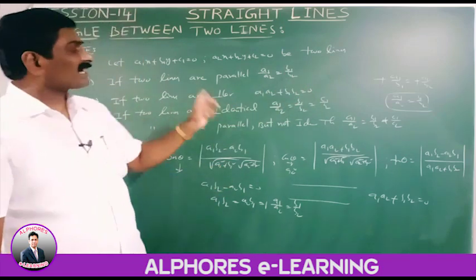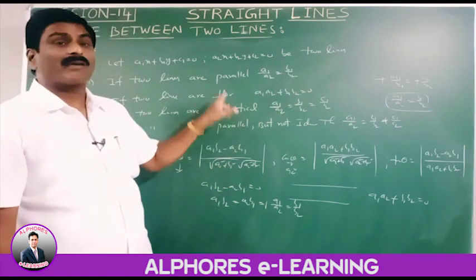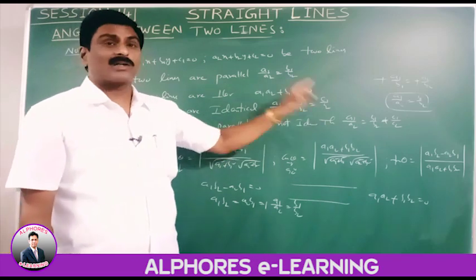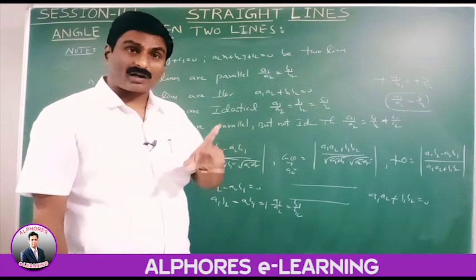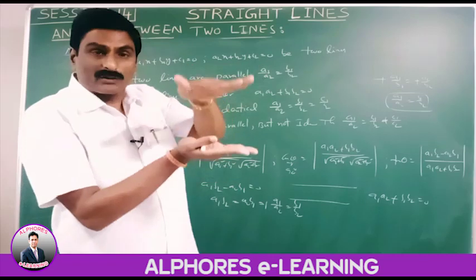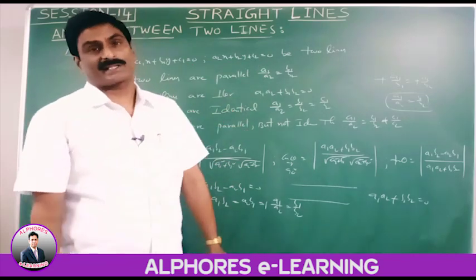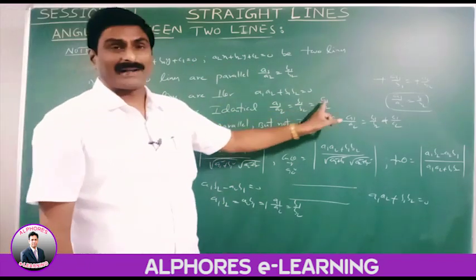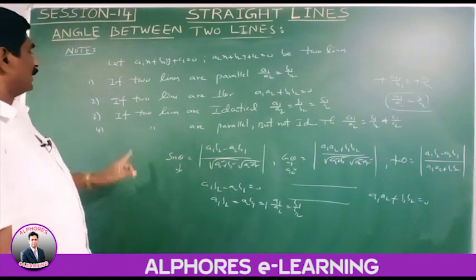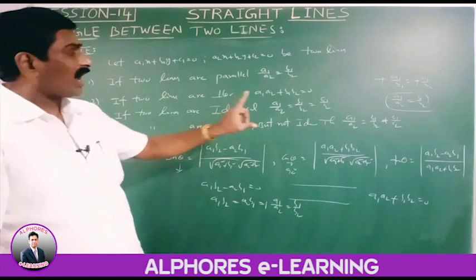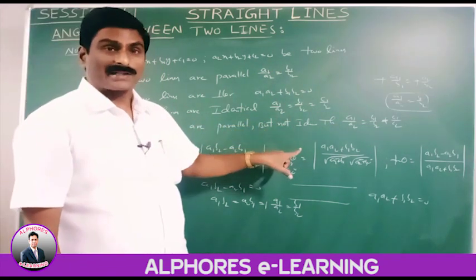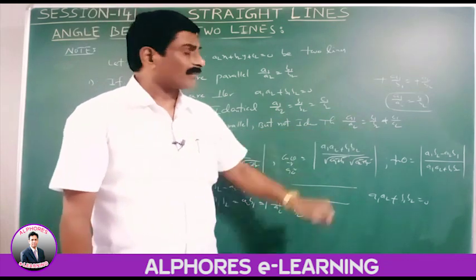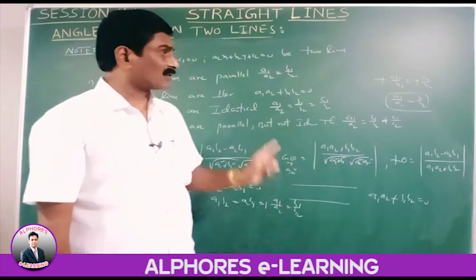If the two lines are identical, already we proved this value, a1 by a2 is equal to b1 by b2 is equal to c1 by c2. If two lines are identical or coincident, one line overlaps the other line, they are said to be coincident lines. If the two lines are parallel but not coincident, that means a1 by a2 is equal to b1 by b2 not equal to c1 by c2. Please note these values.